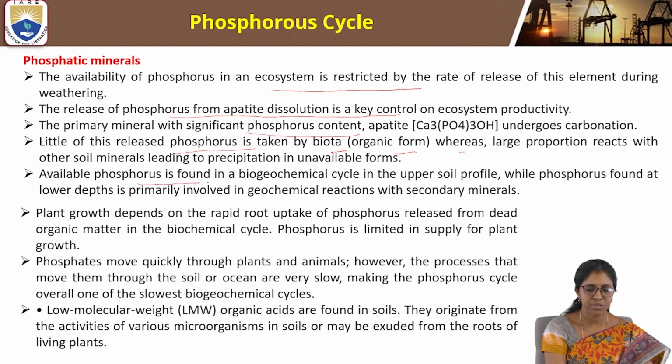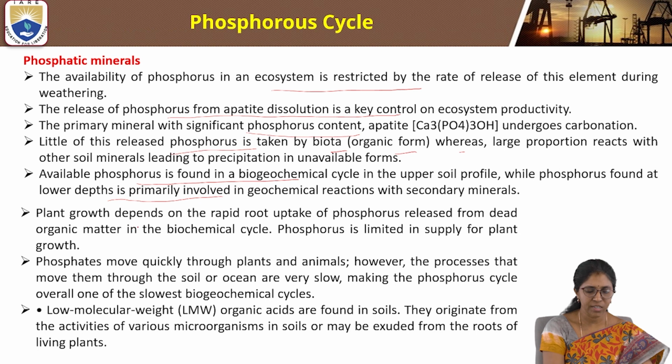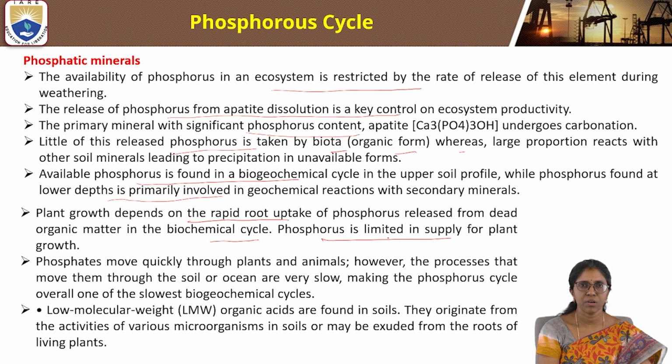The available phosphorus is found in the biogeochemical cycle in the upper soil profile, while phosphorus found at lower depth is primarily involved in geochemical reactions with secondary minerals. Plant growth depends on the rapid root uptake of phosphorus released from dead organic matter in the biochemical cycle. So phosphorus is limited in supply for plant growth. Phosphates move quickly through plants and animals.